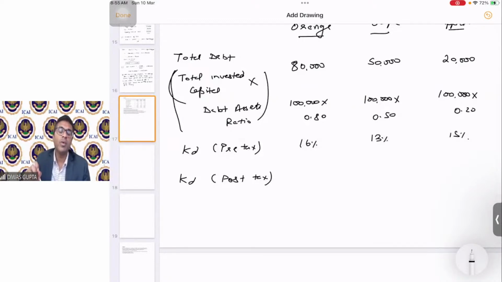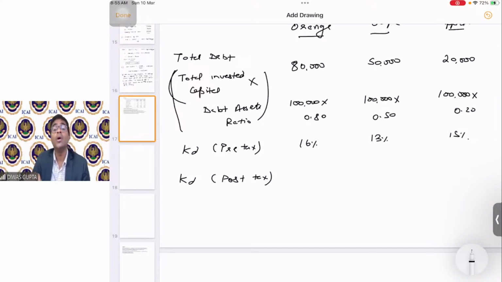Whatever tax you end up paying, you are able to reduce your tax outgo to the extent of the interest that you are paying. So in your overall capital structure, if there is a presence of debt, you will get benefit on account of tax savings on that debt component. Hence, we always take cost of debt as post-tax. That is logic number one.